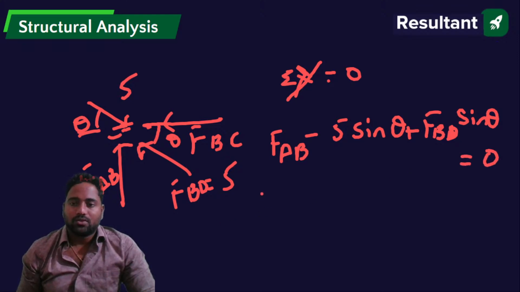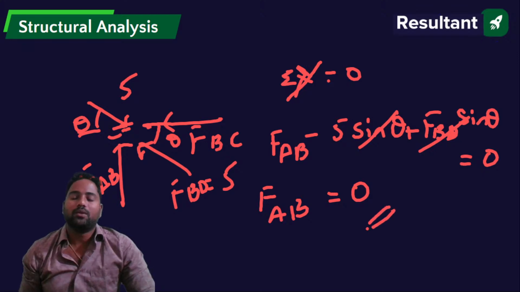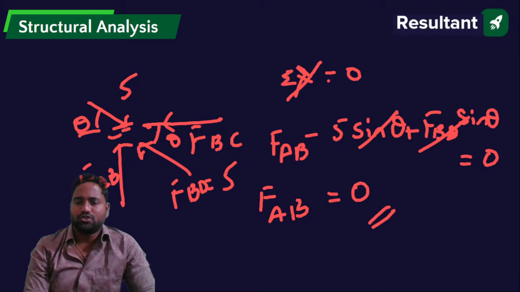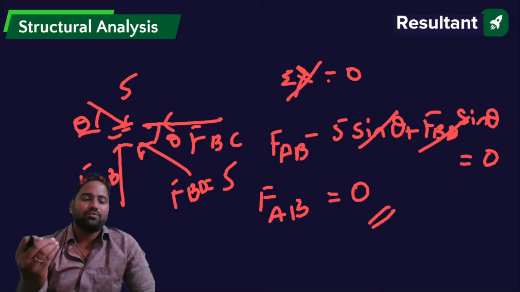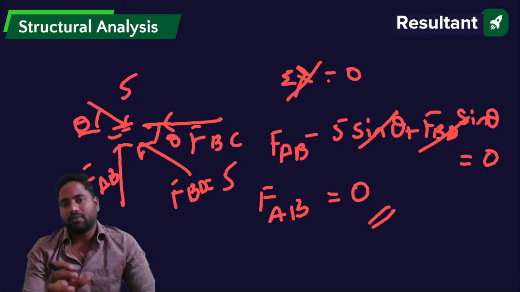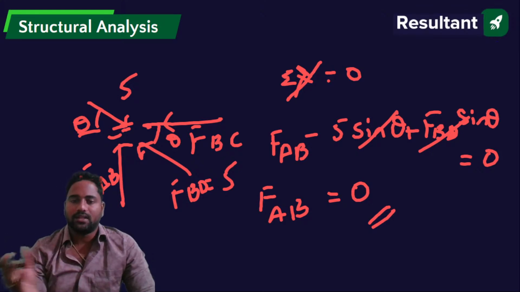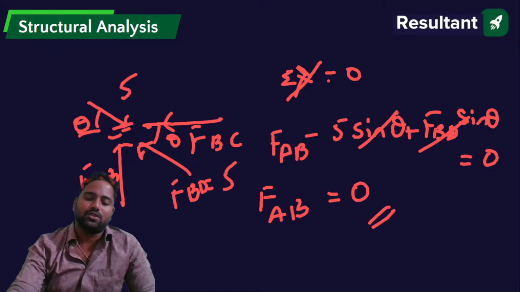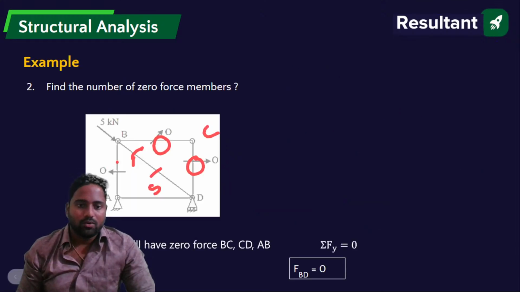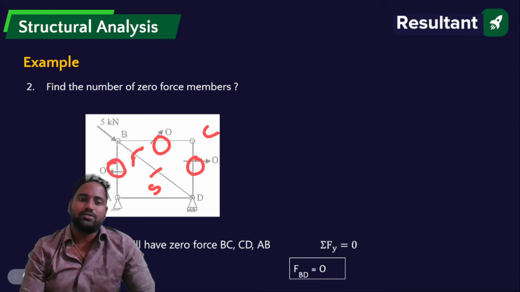How much did you get? 5. So these two things will get cancelled and finally you'll get FAB equals 0. Just by considering equilibrium of joint B and taking summation of forces in y direction equals to 0, you'll get FAB minus 5 sin theta plus 5 sin theta. So FAB equals 0. Okay. So here you got FAB also as 0.